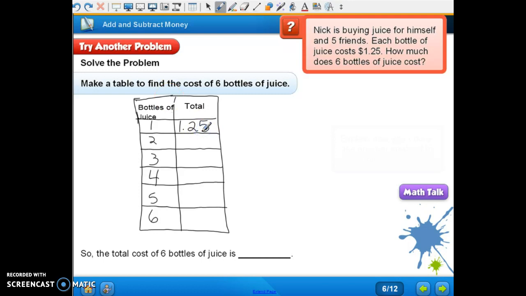So if I have $1.25 and I add one more $1.25, what do I get? $2.50. If I add $1.25 more, what do I get? $3.75. Now I'm going to add $1.25 more, and I get $5.